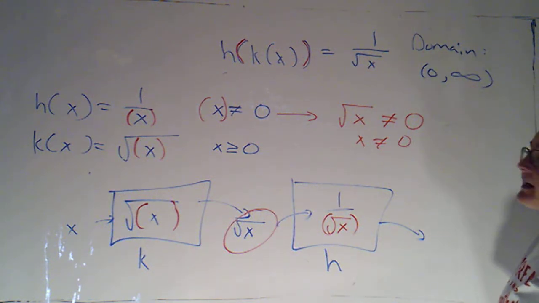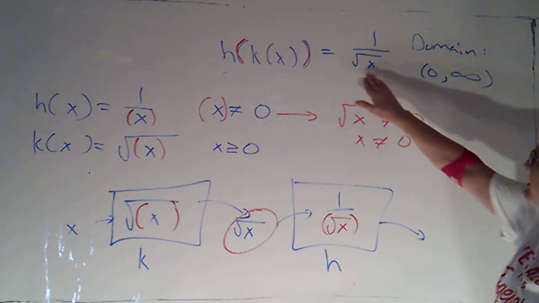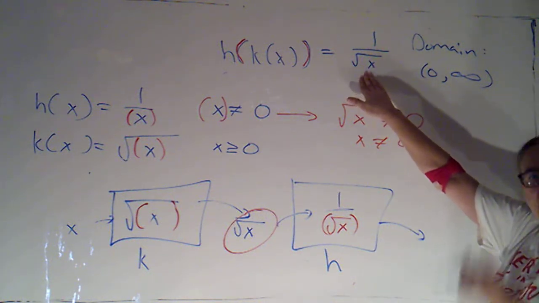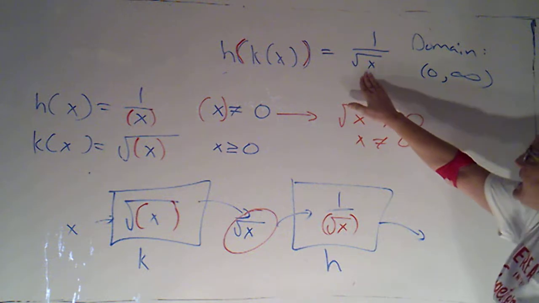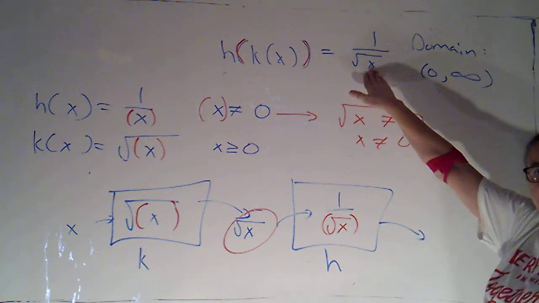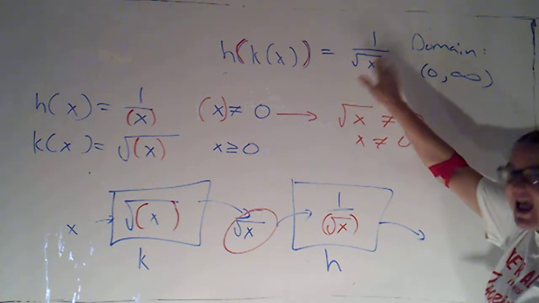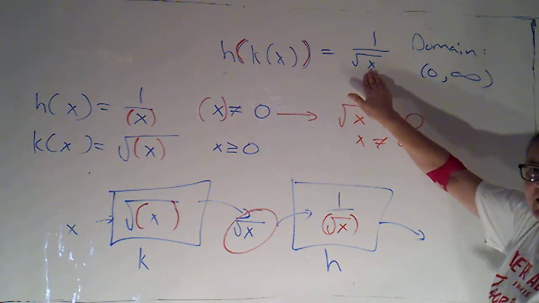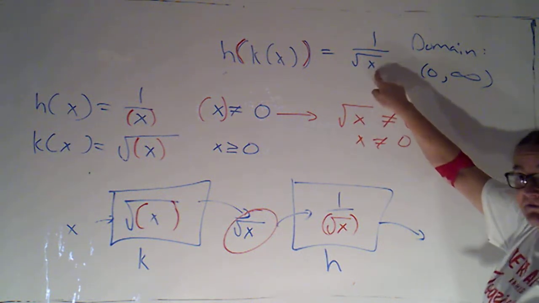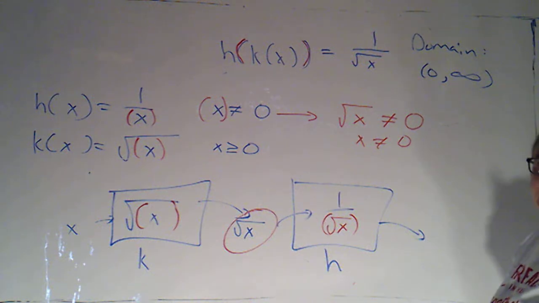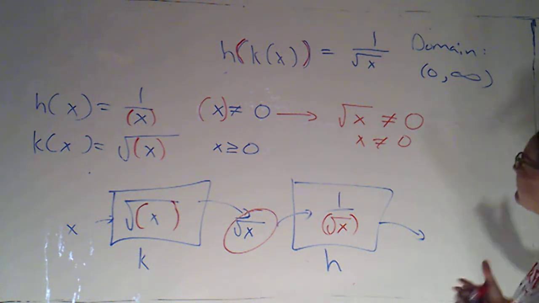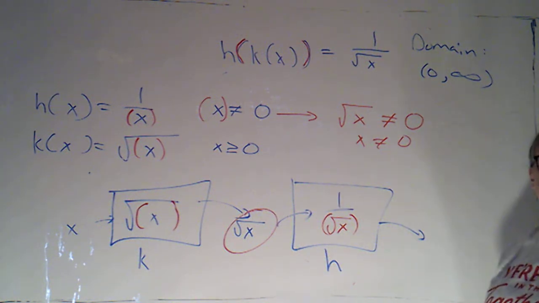In this particular case, I can pretty much see that that's the domain by looking at the result here. Because I've got the square root of x in the denominator, I can see that x can't be 0. And because I've got to take the square root of x, I can see that it has to be bigger than or equal to 0. So I can sort of see both things that I'm doing there.